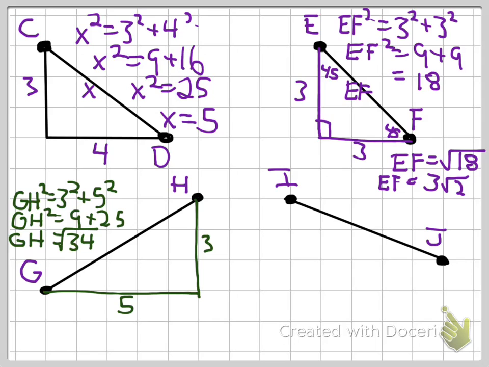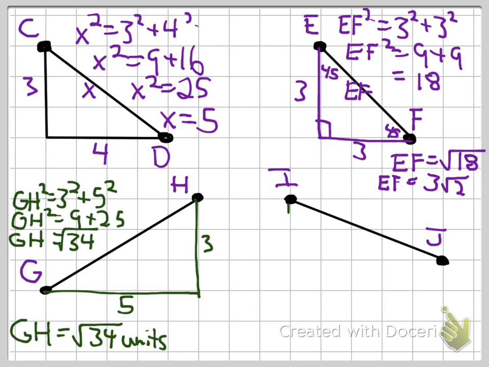Those are both prime numbers. I can't factor it down anymore. I don't have any perfect squares from that, so I'm just going to say that GH is the square root of 34. Now we could probably say units here if we were being approximate or being exact and having our units. And we can guess what that's going to be because I know that the square root of 36 would be 6 and the square root of 25 would be 5. So I know that's between 5 and 6, probably a little closer to 6, but we want to just say the square root of 34.